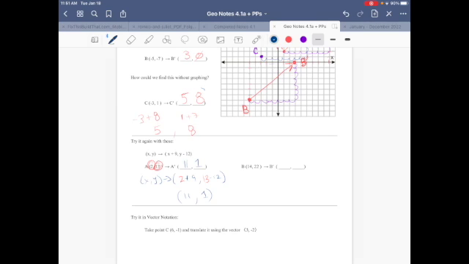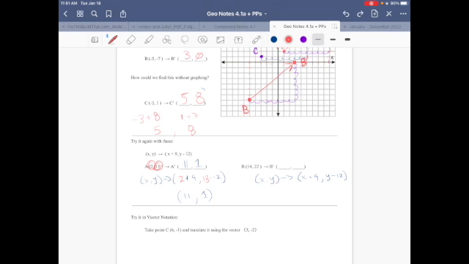Try it again with B. Pause the video and see if you can do B on your own. Okay, so we've got x, y being translated. We're going to take any point and move it to the right 9 and down 12. So we're starting at a new point, this one here, 14, 22.